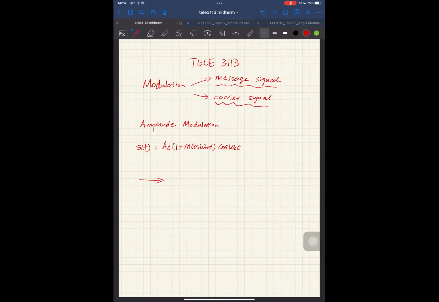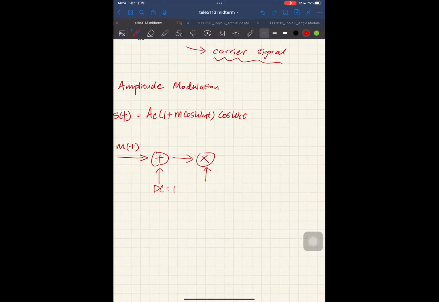The process looks like this: you send your message signal to an adder first, where you add some DC constant, probably just DC equals 1 volt, and then send it to a multiplier. The multiplier has another carrier wave, cos omega_c t.